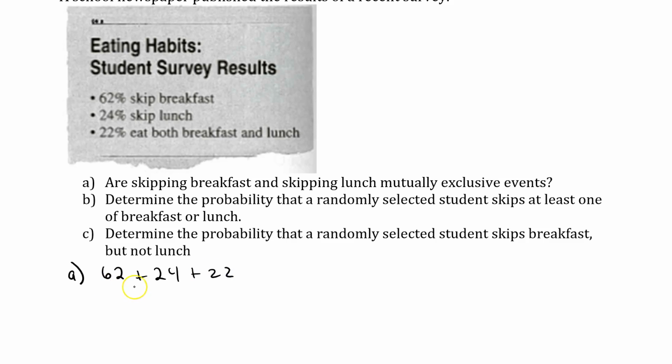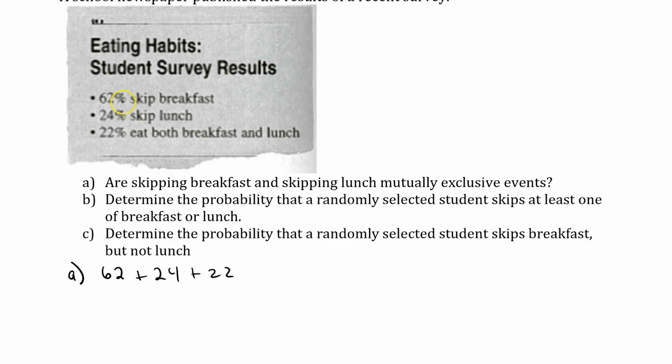Now, if in fact they are mutually exclusive, it means that there's no overlap. We know that 22% eat both breakfast and lunch. That won't overlap with the people who skip lunch, because skipping and eating a meal, those two things are mutually exclusive. But maybe skipping breakfast and skipping lunch are not mutually exclusive.